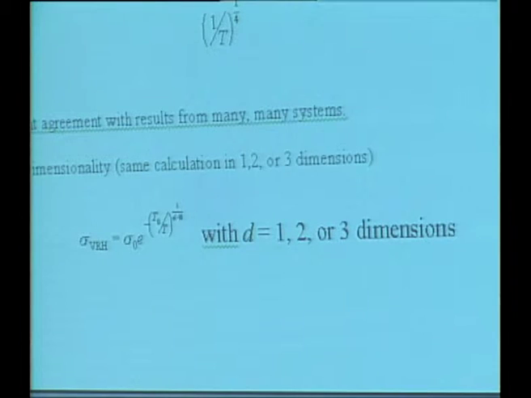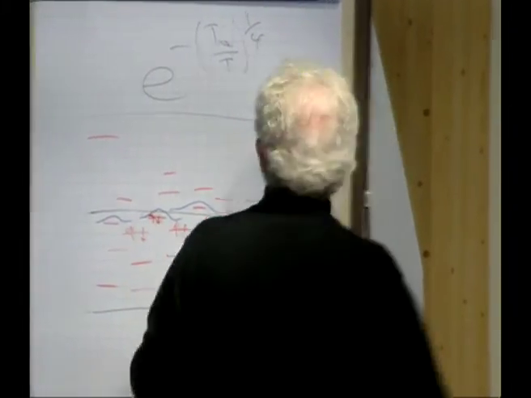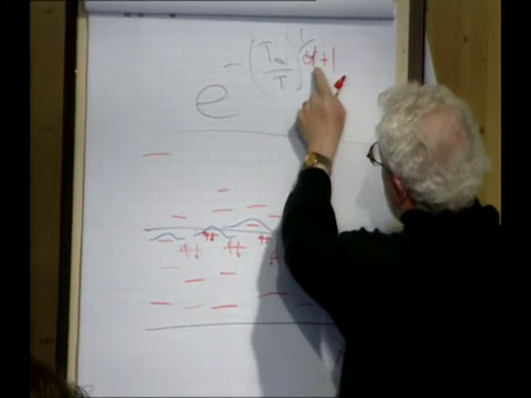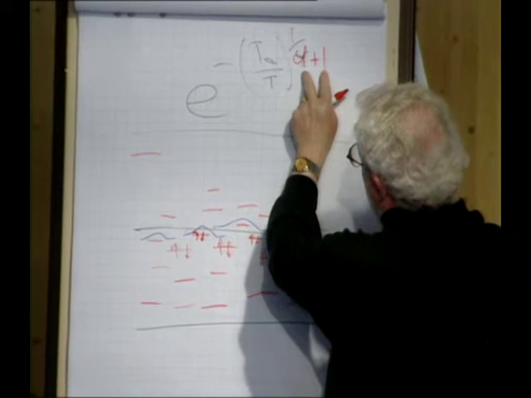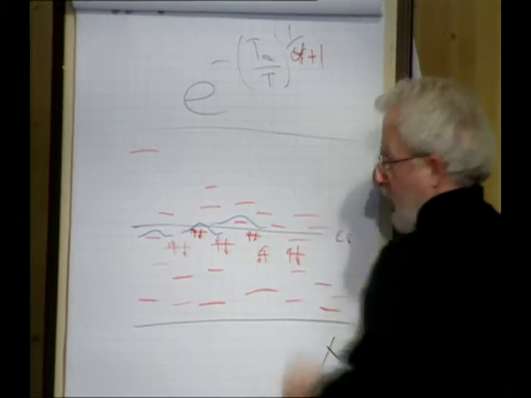R to the minus 2 goes to r. So the answer then is at the bottom here. If you do this in 3 dimensions, you get 1/4. The answer that you get more generally, I don't think you can read that, is 1 over d plus 1. Okay, so if dimensionality is 3, then this is 1/4, for 2 it's 1/3, and for 1 it's 1/2.